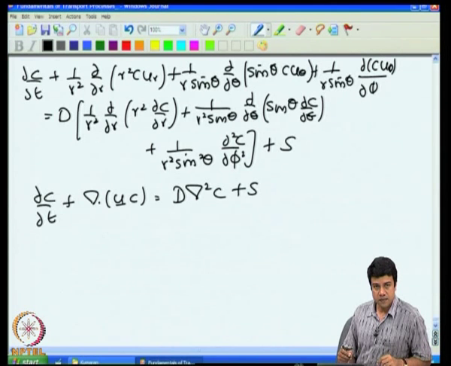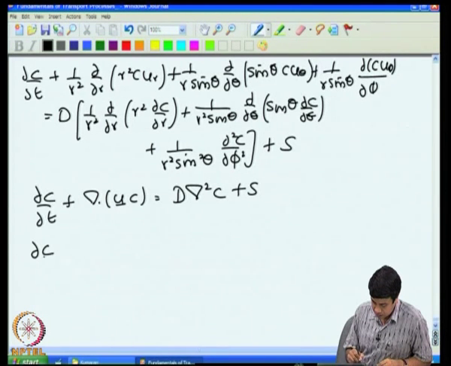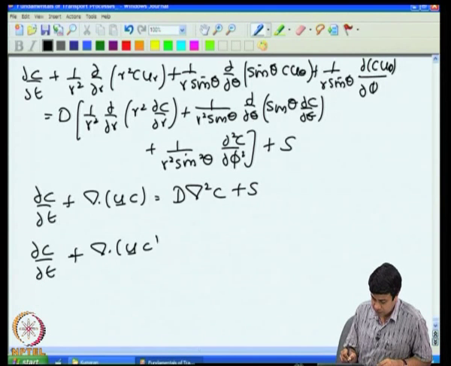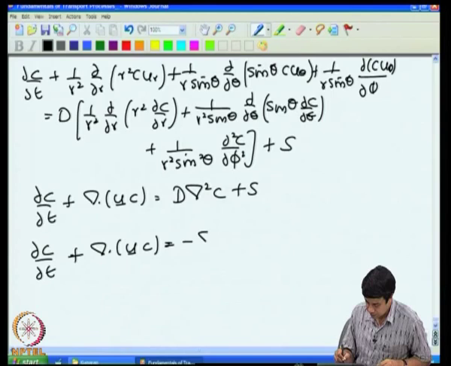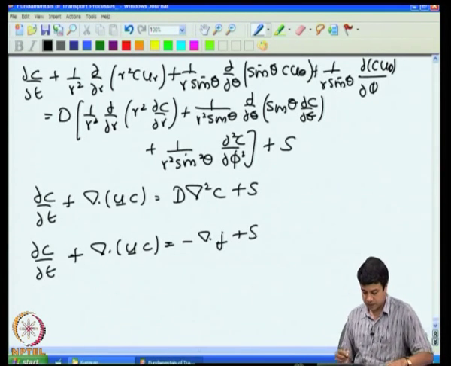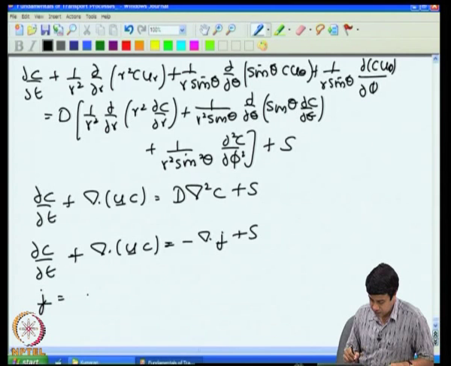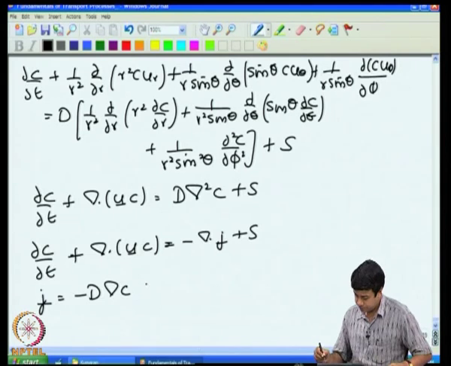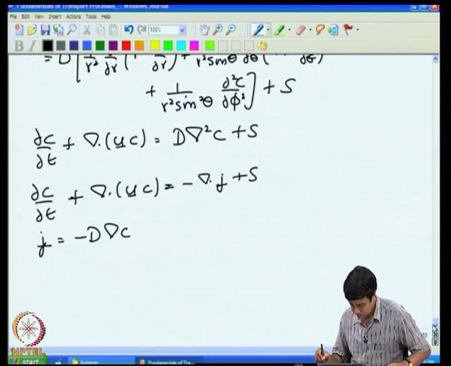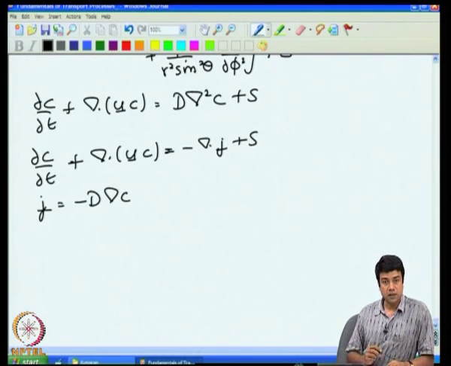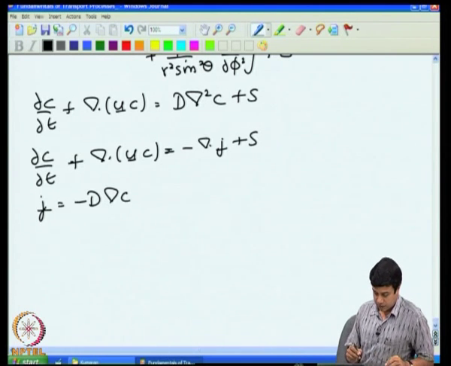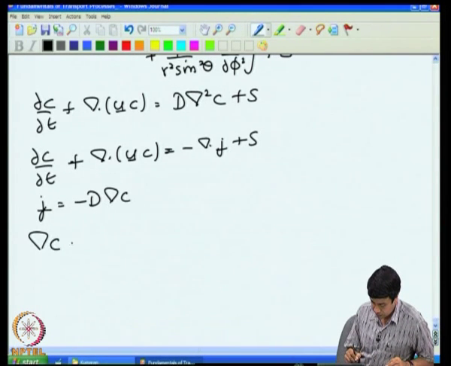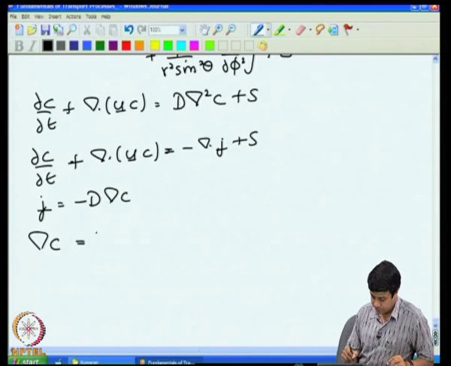If I write it in terms of the fluxes, I will get dc by dt plus del dot uc equal to minus del dot j plus s, where j is the flux vector. J vector is equal to minus d grad c as usual, where the gradient operator is now defined as follows.